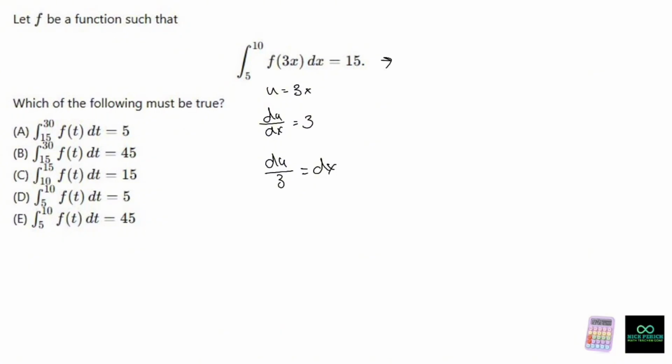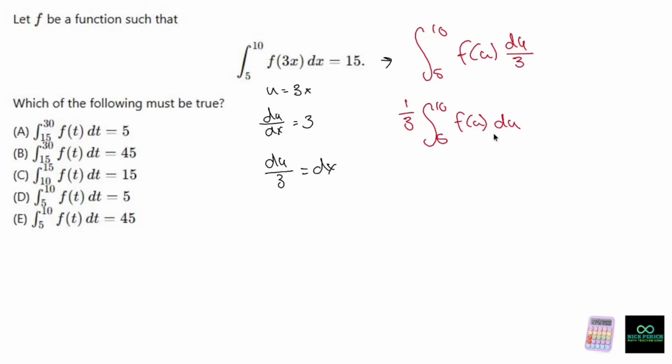So now that guy can be written as the integral from 5 to 10 of f of u, be careful, du over 3. So let's rip out the 1/3: 1/3 from 5 to 10, f of u du.